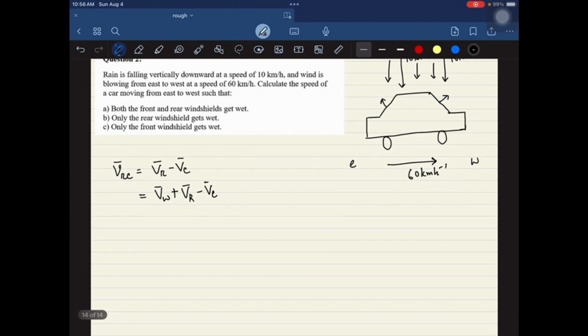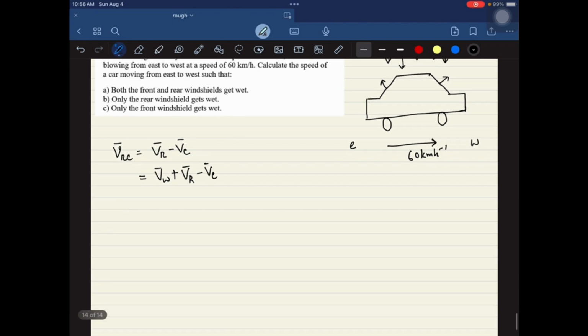So in that case, what should be the velocity of rain with respect to the car? We need to find the angle, because they have given us the direction, so we need to find the angle to calculate those things.